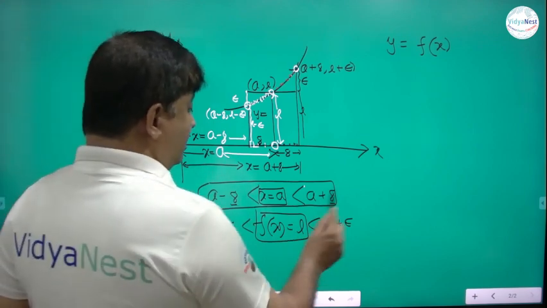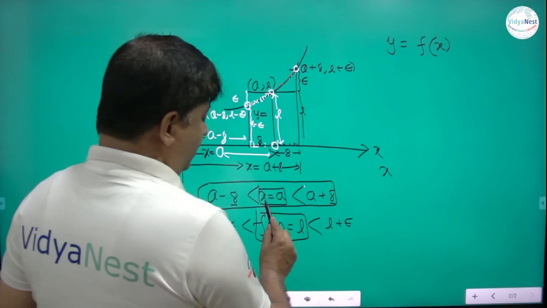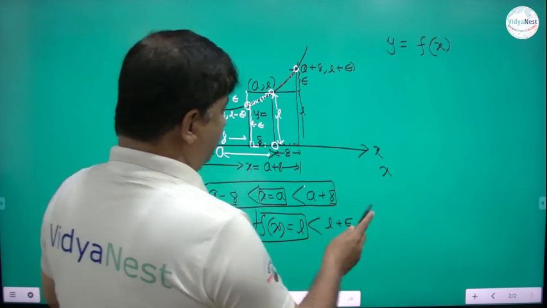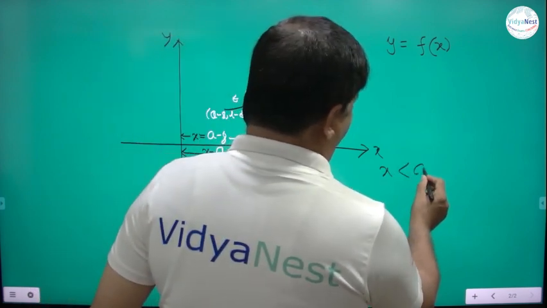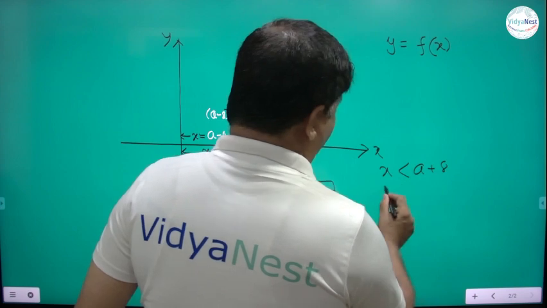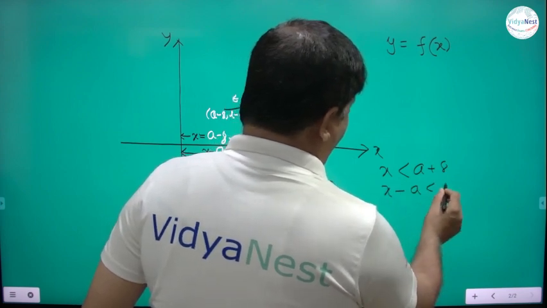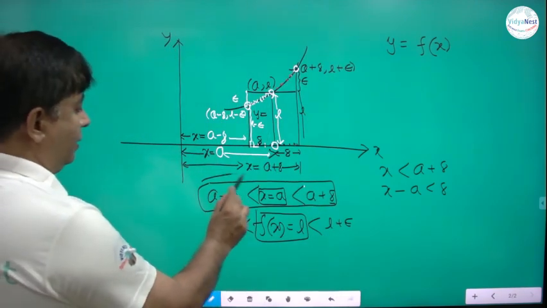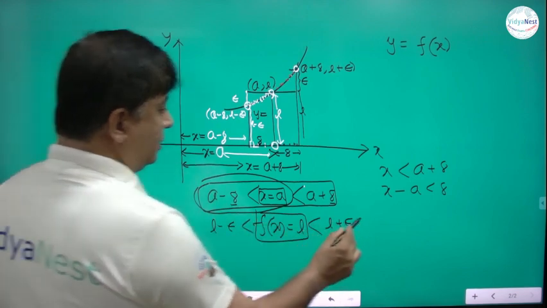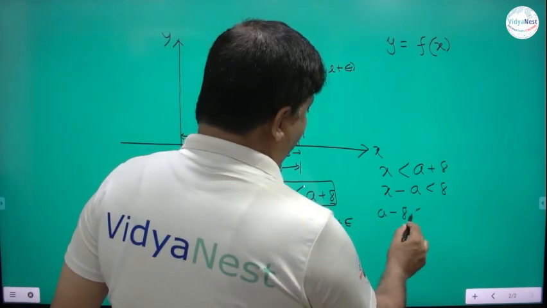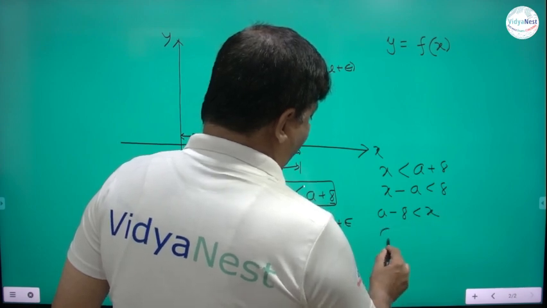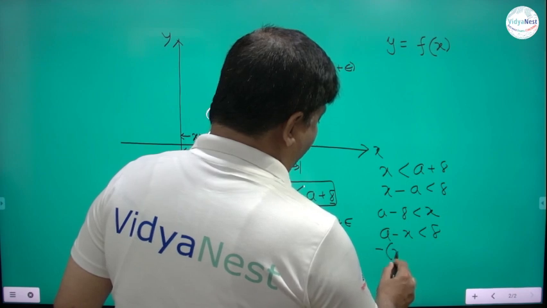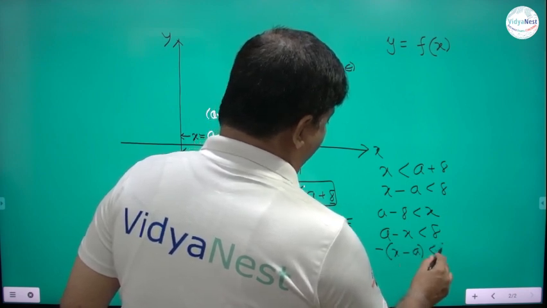So here that inequality can be rewritten. How? See here, if I take the right part of the inequality, x less than a plus delta, I can write x minus a less than delta. And if you take the left part of the inequality, a minus delta less than x, that means a minus x less than delta. Take minus common, minus of x minus a less than delta.